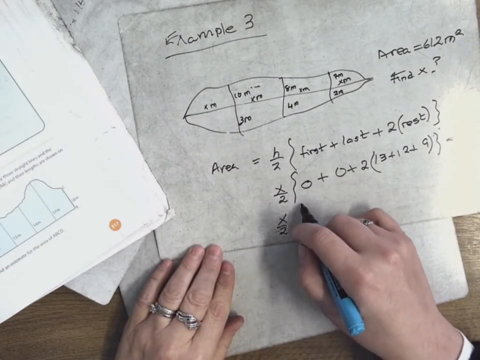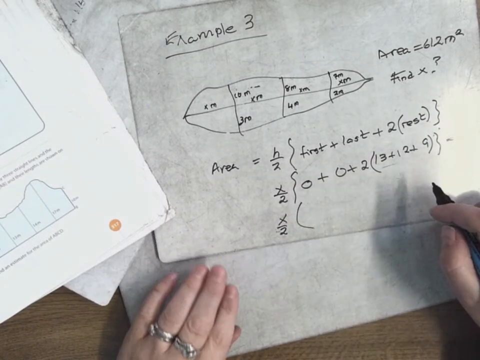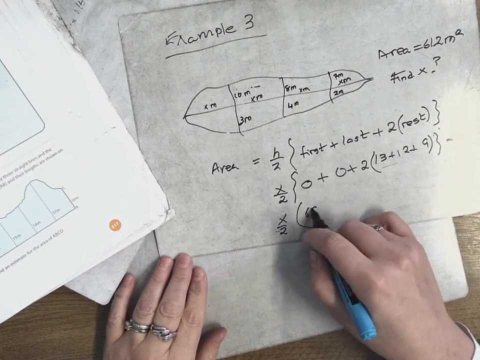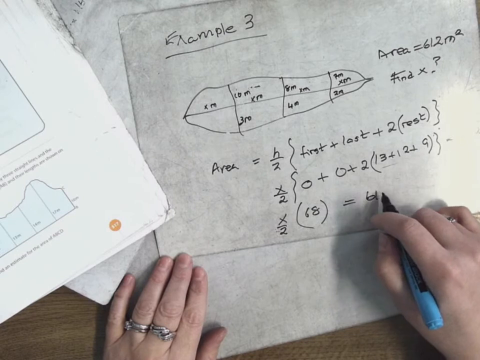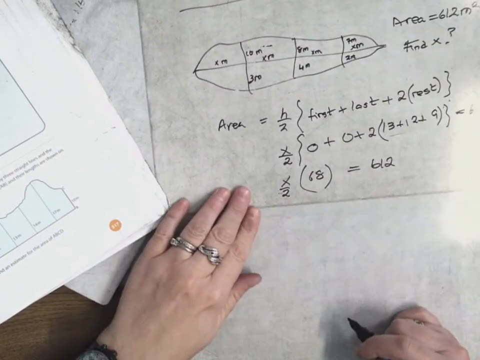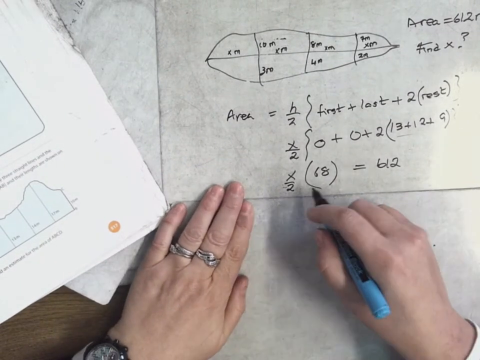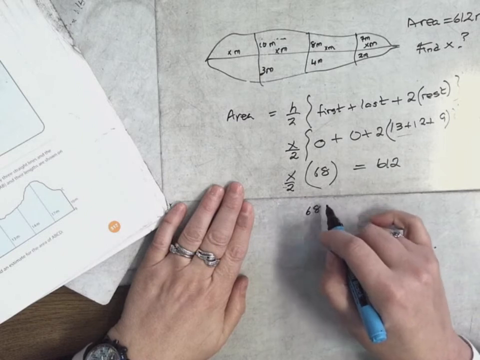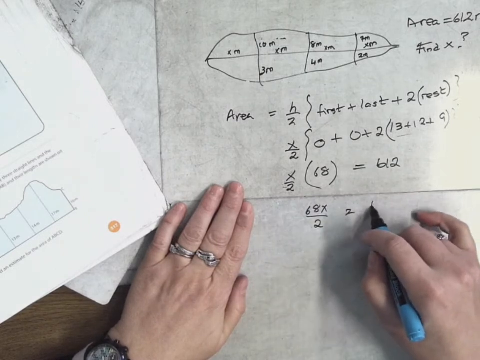On the inside, just put that whole bit into the calculator. So that's 68. Right? Equals 612. Now, when you multiply the X by the 68, it's 68X over 2 equals 612.